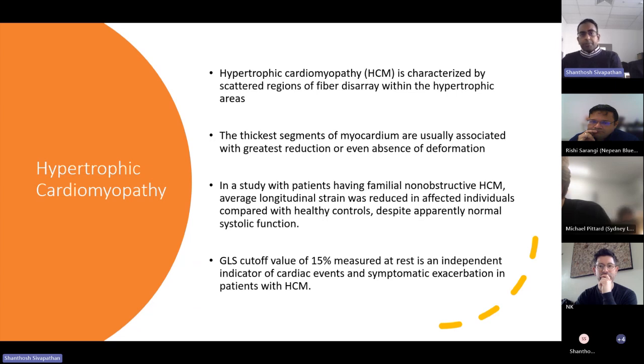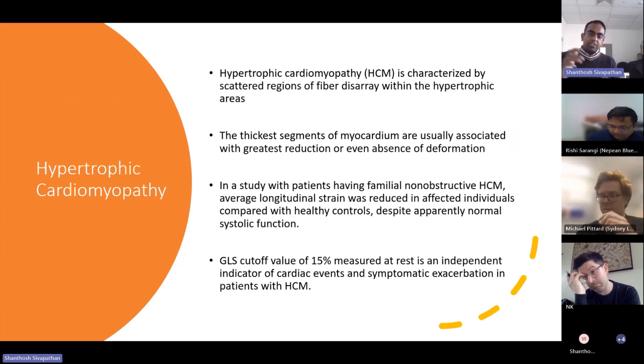Hypertrophic cardiomyopathy. We know that HCM is based on scattered regions of fibers, all in disarray, and you've got segments of hypertrophic areas or thickened myocardium. And when we look at EF, sometimes the EF doesn't reflect the overall function. The myocardium is really thickened.